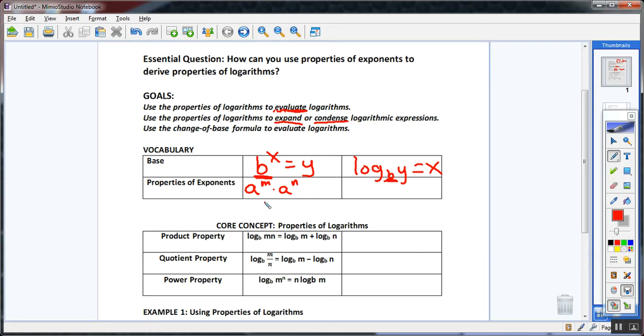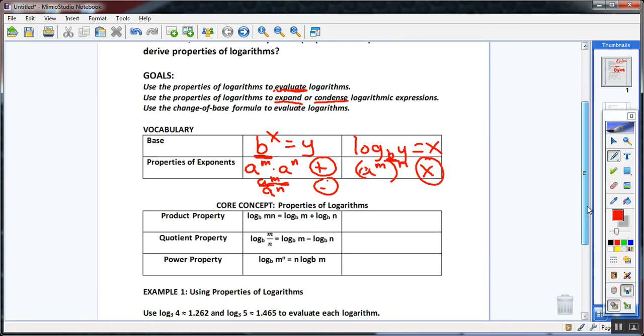If I have a to the m divided by a to the n, like so, what would you do with exponents here? Subtract. If I have a to the m all to the n power like this, what would you do with exponents? When there's parentheses like that, you're bringing one exponent into another. What would you do? Multiply. So those rules are going to apply to what we're looking at today.